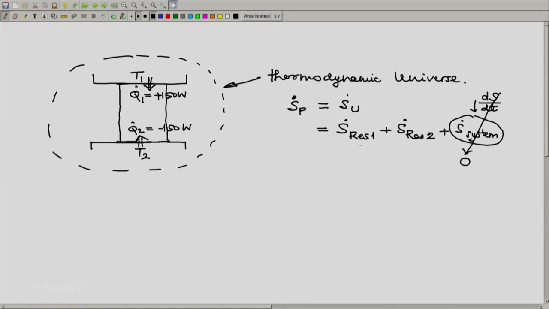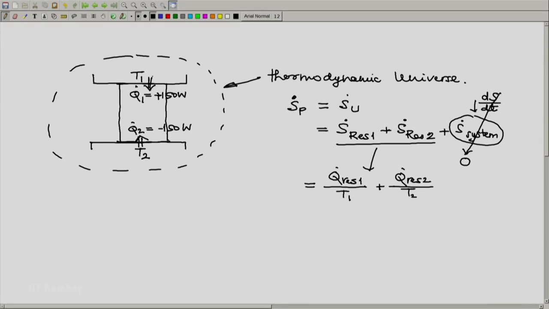Now, these two terms turn out to be equal to S dot reservoir 1 would be Q dot absorbed by reservoir 1 by T1 plus Q dot absorbed by reservoir 2 by T2, and Q dot absorbed by reservoir 1 is minus Q dot 1, because Q dot 1 is absorbed by the system.